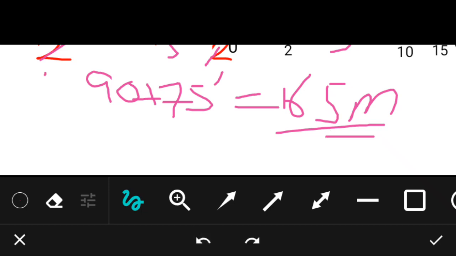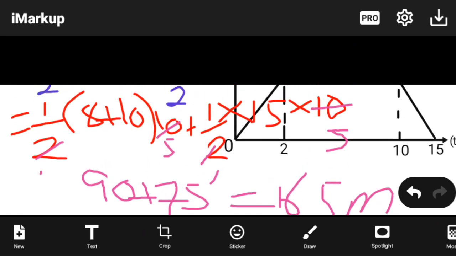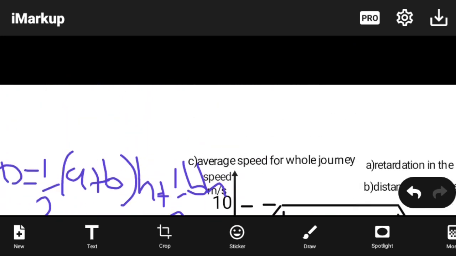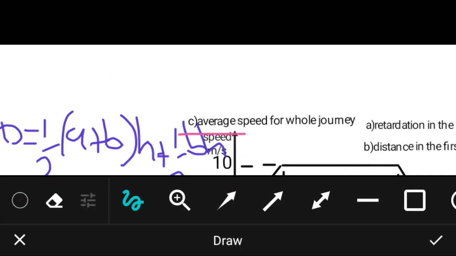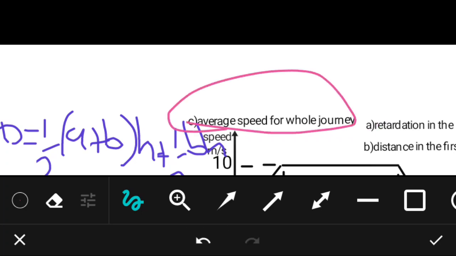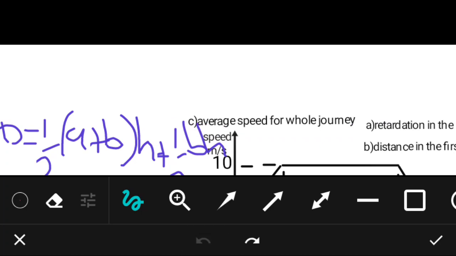Okay. Then from there, now we can calculate the average speed, because we now know the total distance, which is 165. So we can answer this question, the average speed for the whole journey.